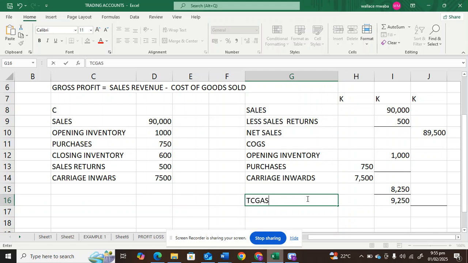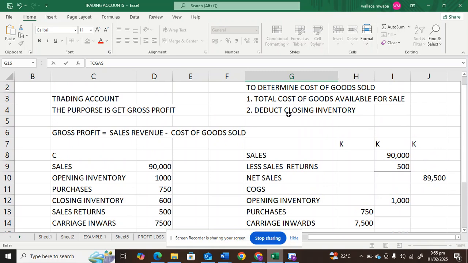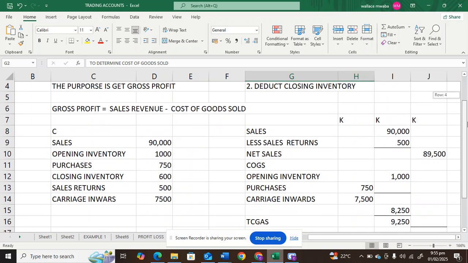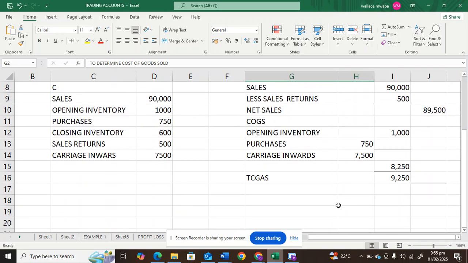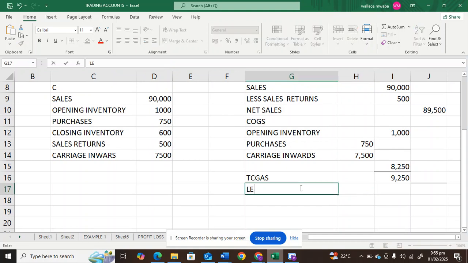Once you've got that, you just need to deduct your closing inventory so that you get the cost of goods sold. The closing inventory is 600.